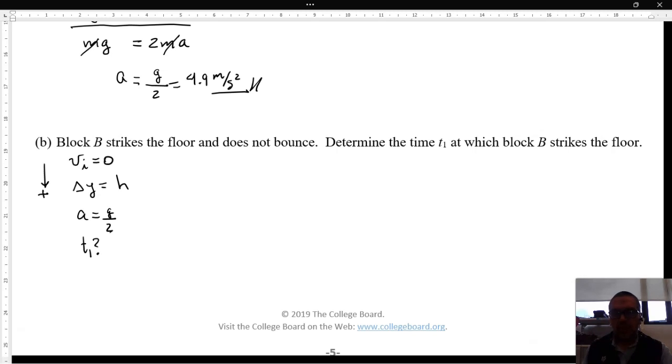The one equation that includes these four variables is number 3. Displacement is equal to initial velocity times time plus 1/2 acceleration times time squared.